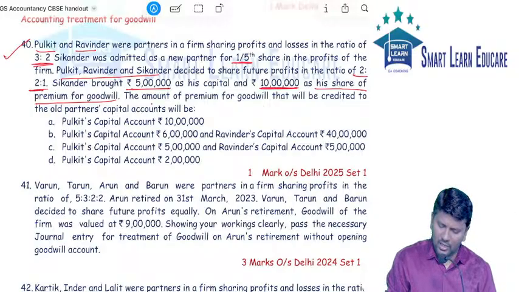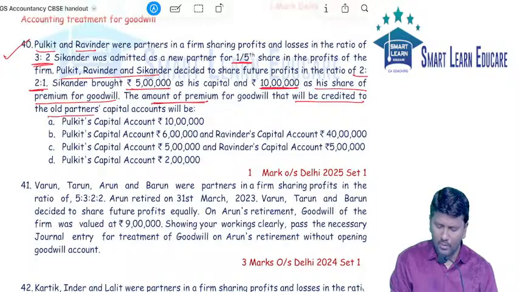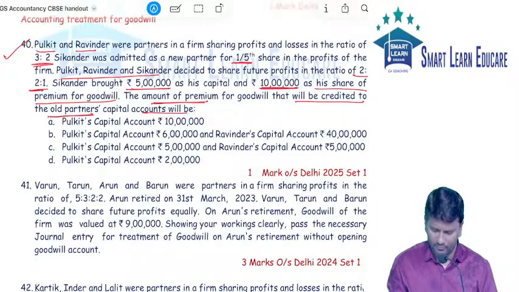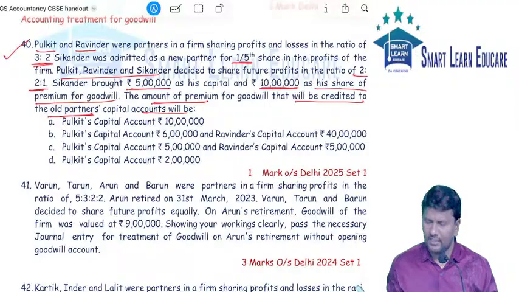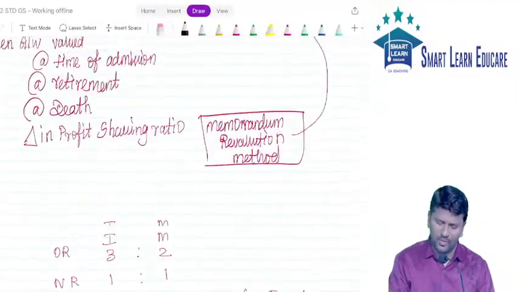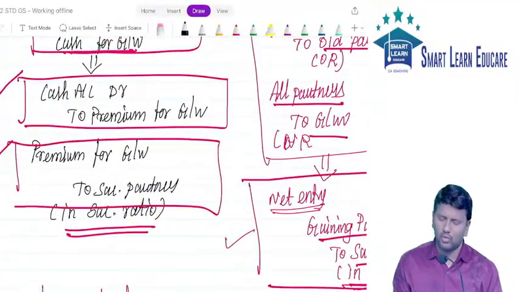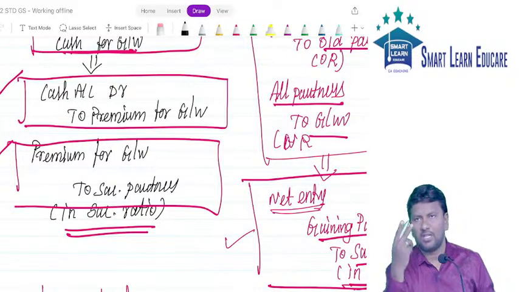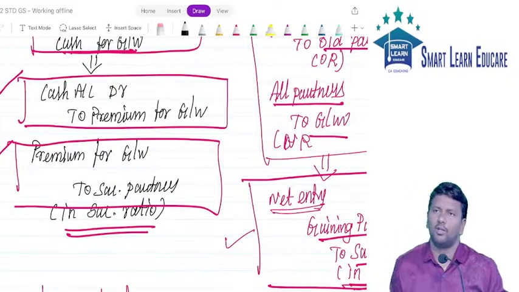Then the amount of premium for goodwill that should be credited to the old partners' accounts will be what? First we understand it is what method? Premium method. In the premium method, what is the journal entry I told you? We have 2 journal entries. First entry, cash account debit to premium for goodwill.